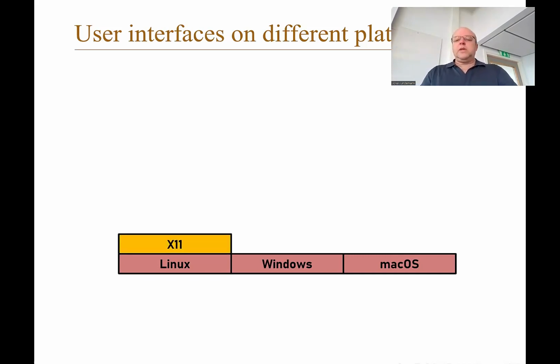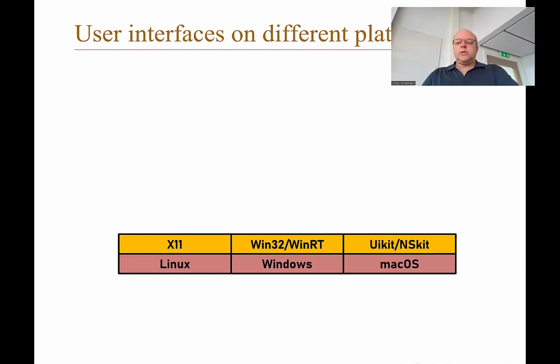On top of these, for example, on Linux, there is something called X11, or today it's called Wayland, which is a user interface library in C for implementing user interfaces. On Windows, we have something called Win32 or WinRT, which is the Windows similar toolkit, also implemented in C. And on Mac OS, and also the iPhone, there is something called UIKit or NSKit that implements a library for user interface design as well.